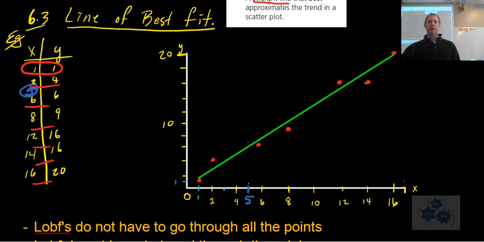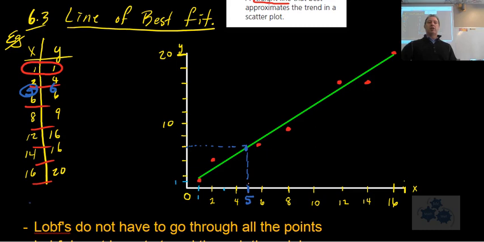What we do is go from 5 straight up until it touches the graph, and then we estimate what this value actually is. From our line of best fit, it appears that 5 is attached with 2, 4, 6. Yes, there's another number attached with 6. That's okay. If we were being really specific, it might be 5.8 or something. But you see how we use the line of best fit to do that.